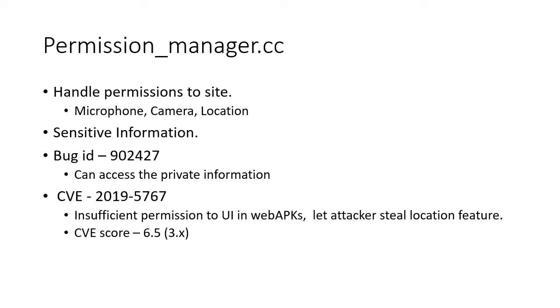Another bug was reported with CVE ID 5767, which has a severity score of 6.5. This bug allowed attackers to convince the users to install a malicious application so that they can access important information. This happened because of insufficient protection of the permission UI in Chrome.